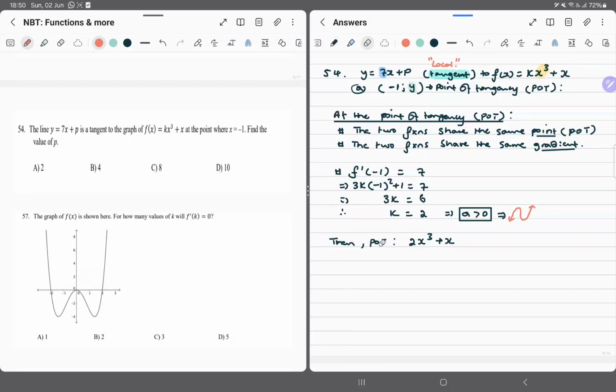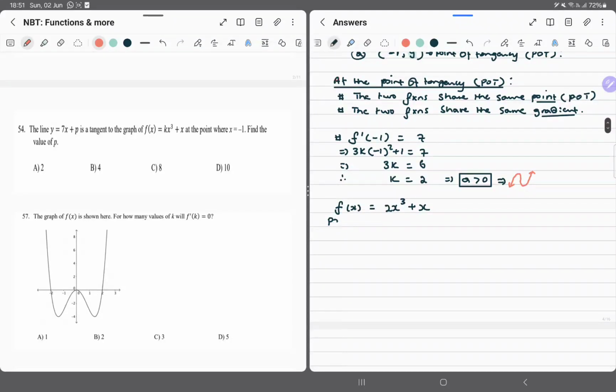Why did I do this one? Okay, so that means f of x is equal to 2x cubed plus x.